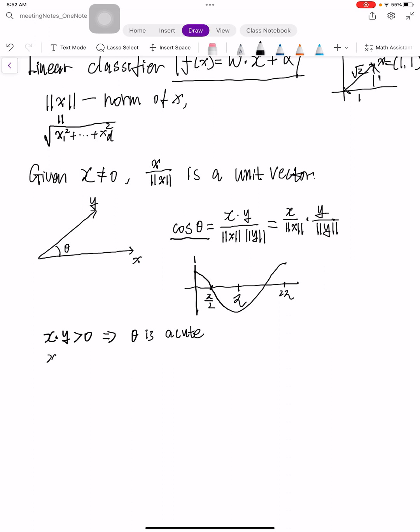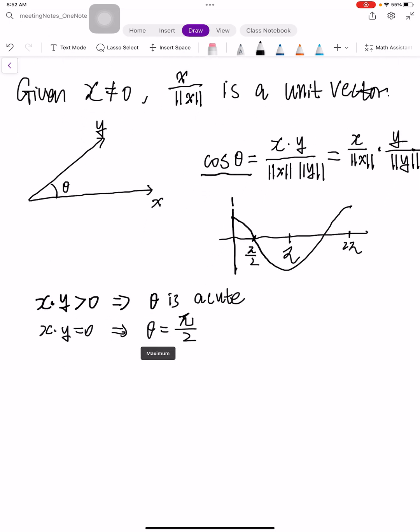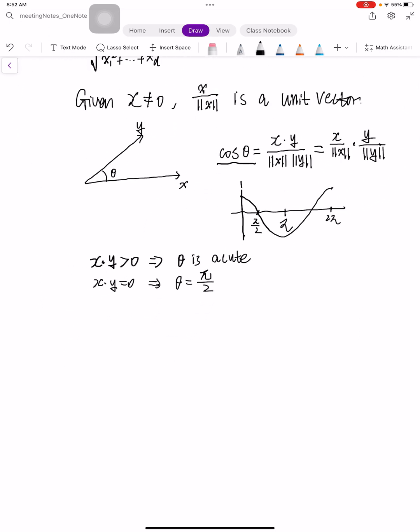And if the inner product of two vectors equals 0, this means theta equals pi over 2. If the inner product of x and y is less than 0, it means it's over 90 degrees, which means theta is obtuse.